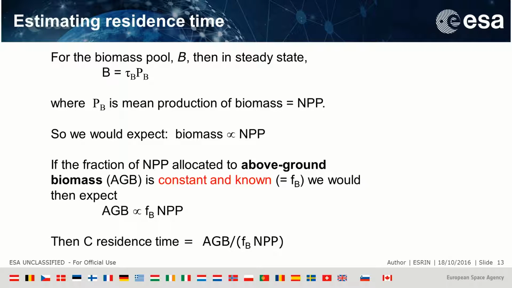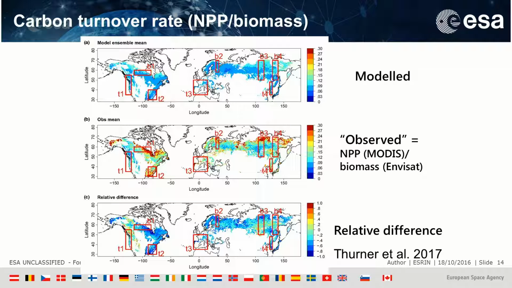So if you can measure biomass, you can measure NPP, and you've got an idea of what the allocation rate is, then you know carbon residence time. Well, you can do it. So, for example, this is a paper from Martin Thurner, as I was co-author on it, 2017. The middle is the observed turnover rate. So this is 1 over the turnover time.